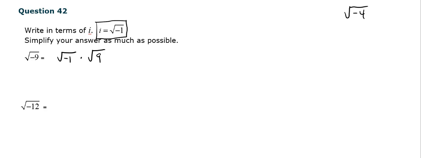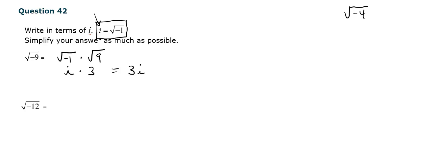Now, in place of the square root of negative 1, we put i. And we know what the square root of 9 is. It's 3. So we write our answer not as i times 3, but as 3i.